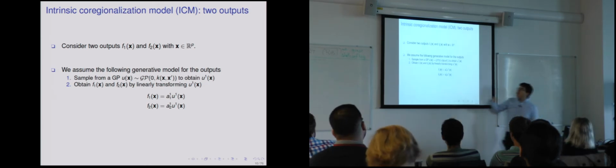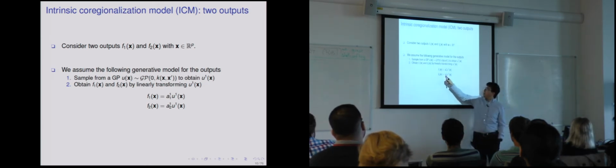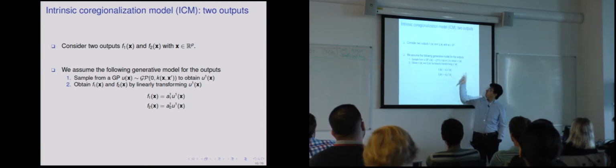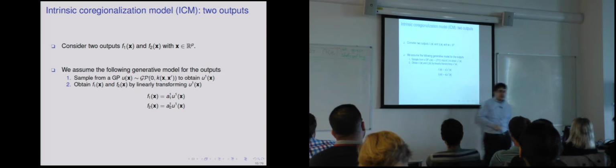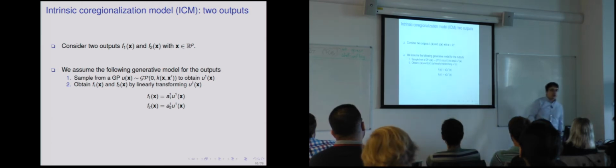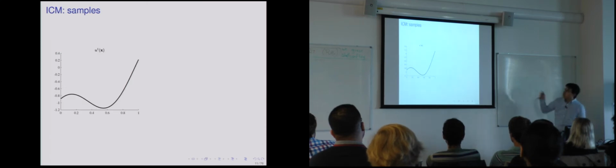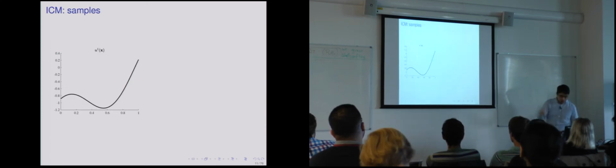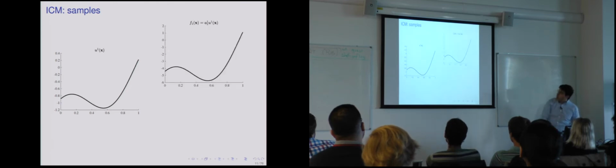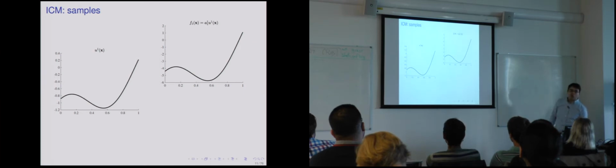And we use a different coefficient, a subscript 2 superscript 1, to scale the sample from u to represent f2. So it's a very simple model. Here it's just a representation of the idea. We sample from u and obtain u^1(x), and then we scale that sample to obtain a representation for f1 and a representation for f2.